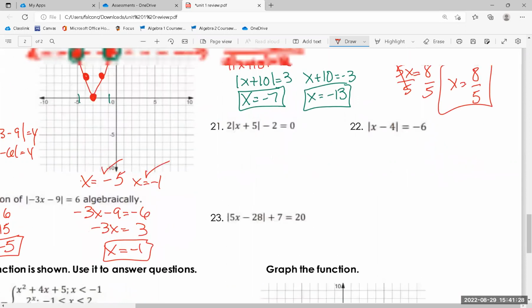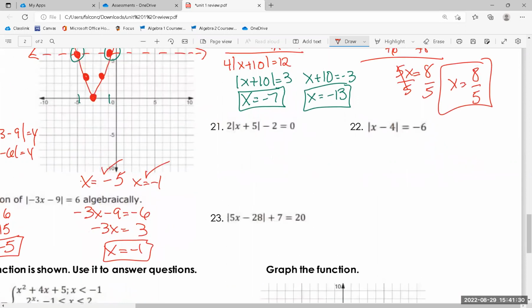All right, number 21. Again, we have to get rid of everything around my absolute value before I do my positive and negatives. So I'm going to get rid of this -2 first, so I'm going to add 2. I'm going to have 2 absolute value of x plus 5 equals 2. Then we also have to divide both sides by 2.